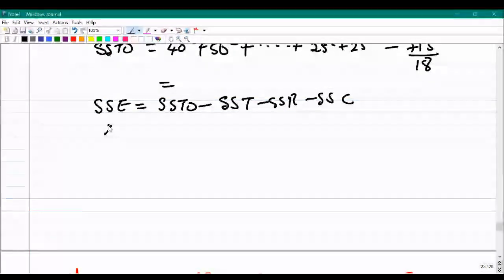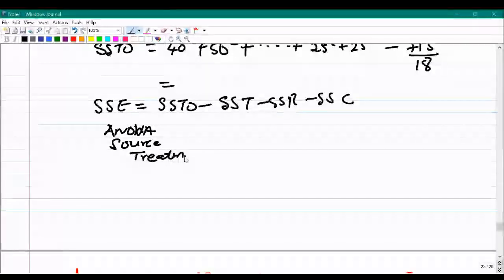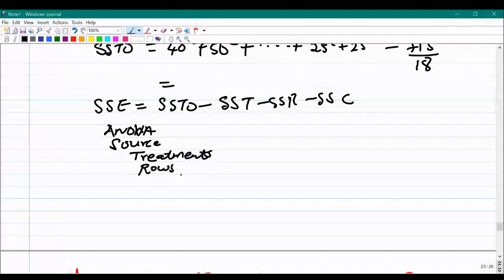So now let's construct the ANOVA table. Source: treatment, rows.